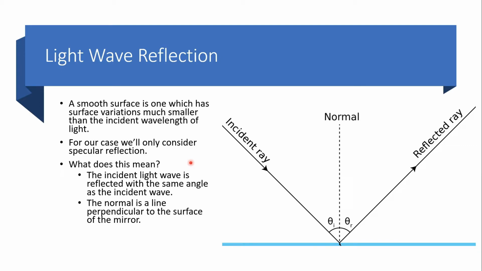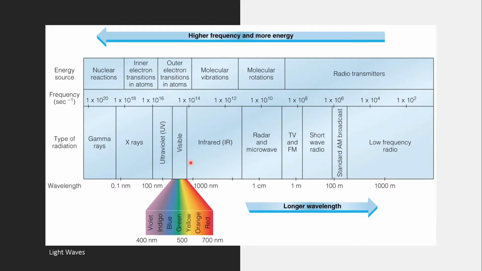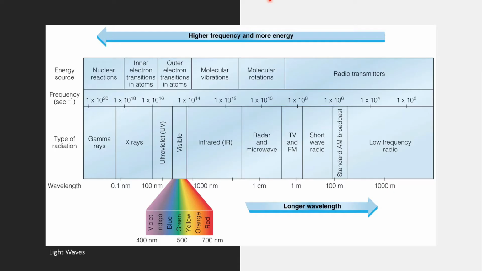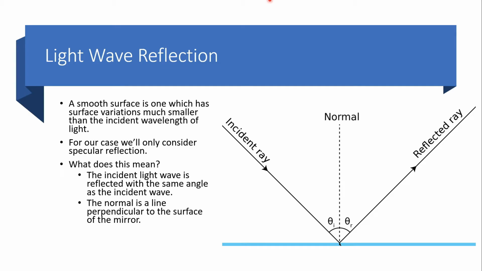So remember again, let me scroll back 2 more slides here. The visible spectrum here has a wavelength of around 0.5 × 10^-6 meters, or around 0.5 micrometers. So it's very small. So when we're talking about surface abnormalities or surface roughness, in this case, a smooth surface would have something which is much smaller than a micrometer.